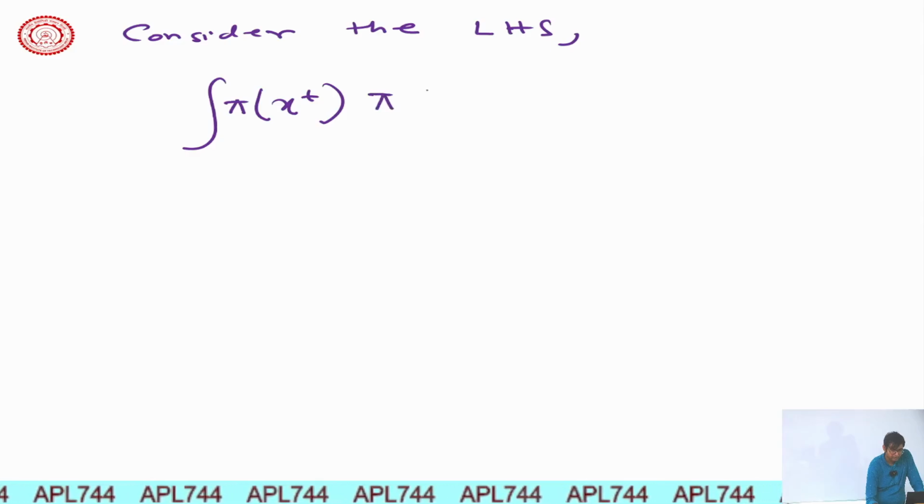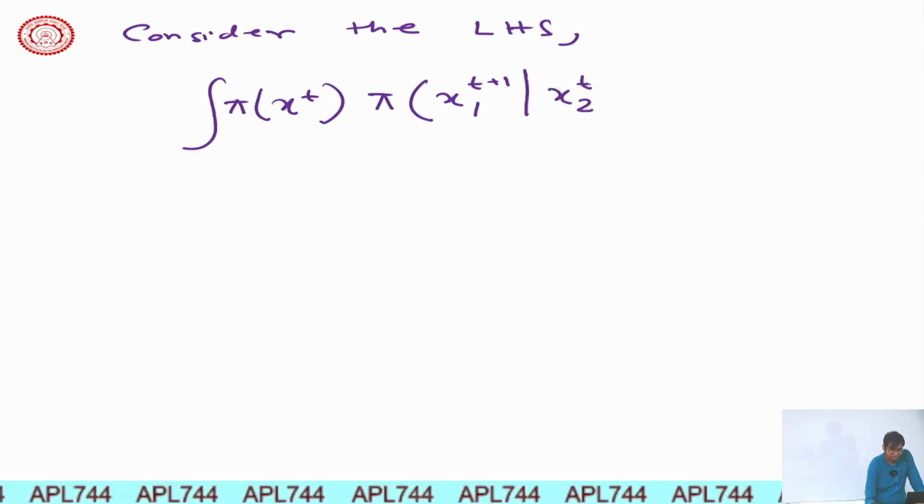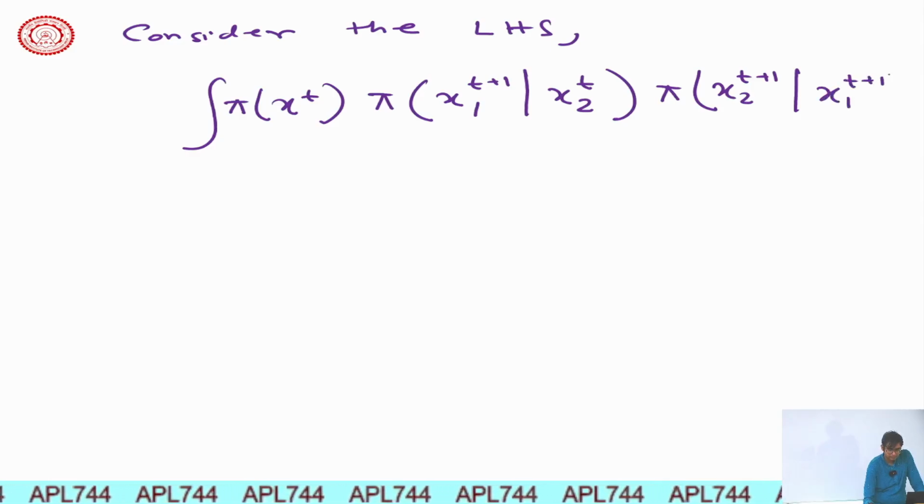So it is pi of x1 t plus 1 given x2 t, pi of x2 t plus 1 given x1 t plus 1, d of xt.